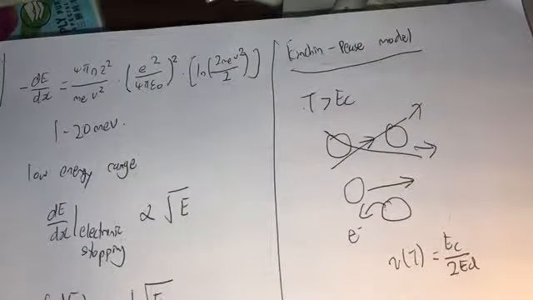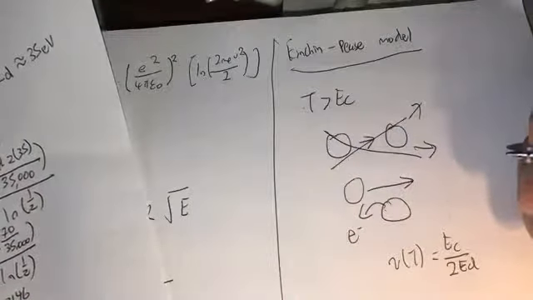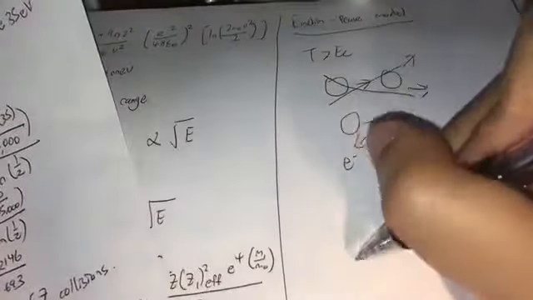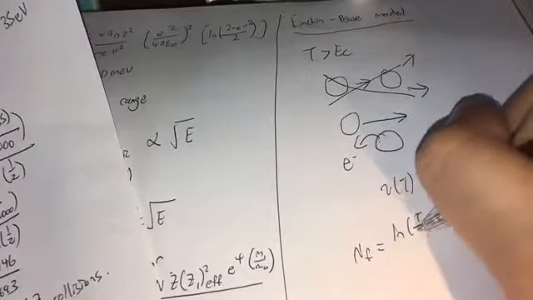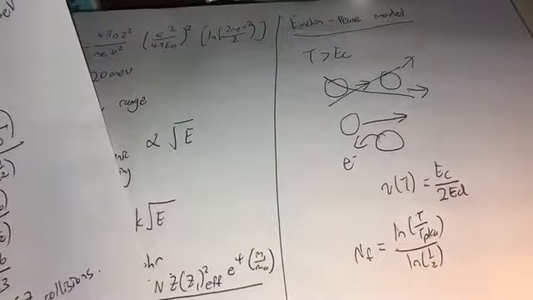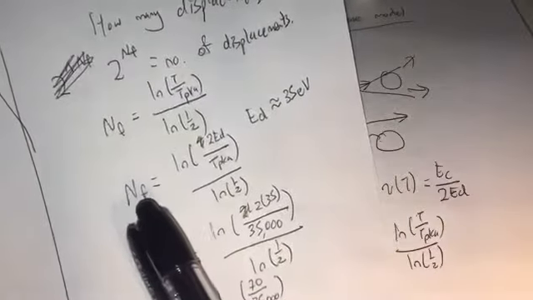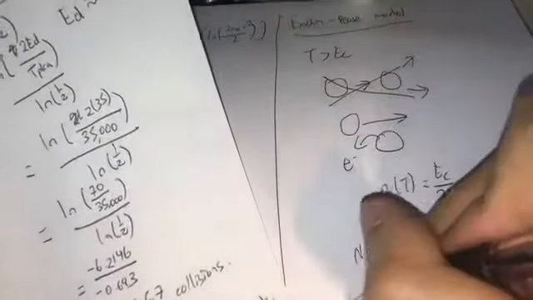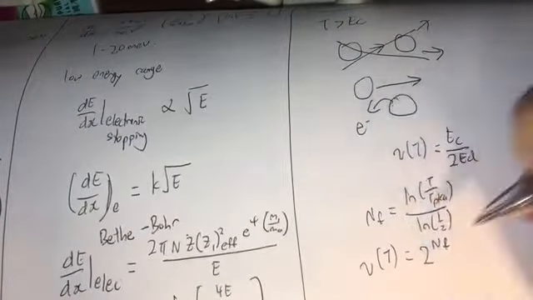Remember that NF equals ln of T over T of PKA, over ln of a half. That's the number of generations that occurs. So to calculate the number of displacements, we have 2 to the power of NF. That's v(T).